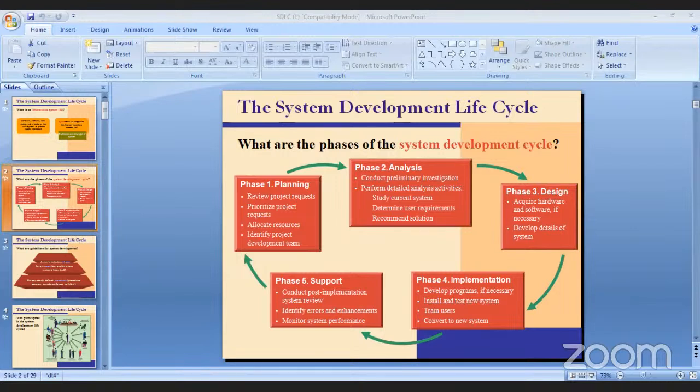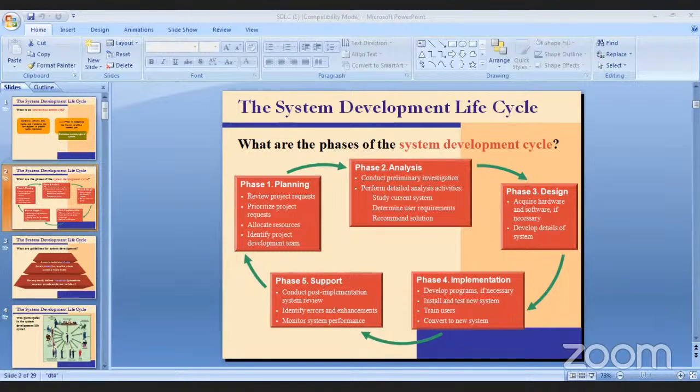Then design. In design, you have to allocate the hardware and the software. Then the system will be developed. In the fourth phase, the implementation, the program will be coded. The coding will be done here. Testing and coding, that part is implementation.